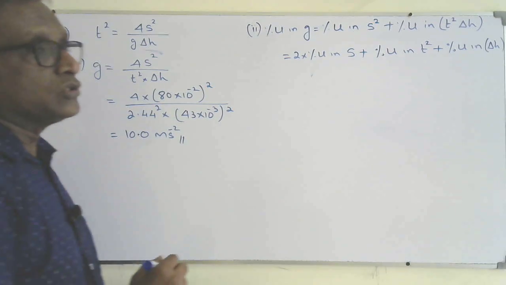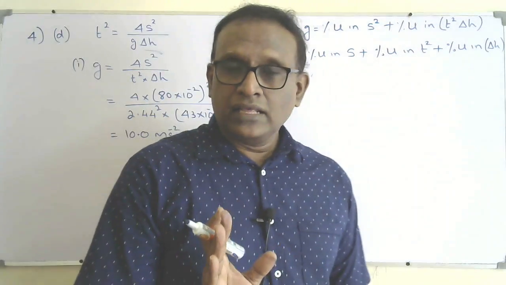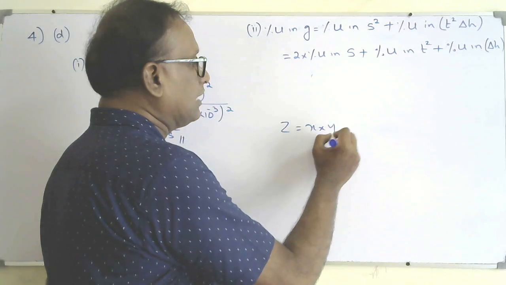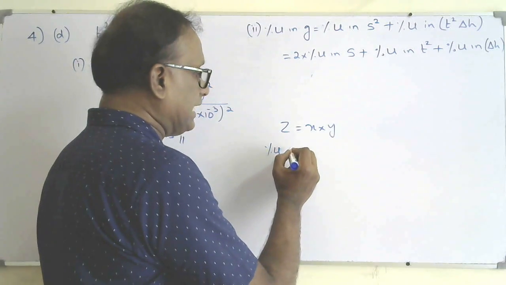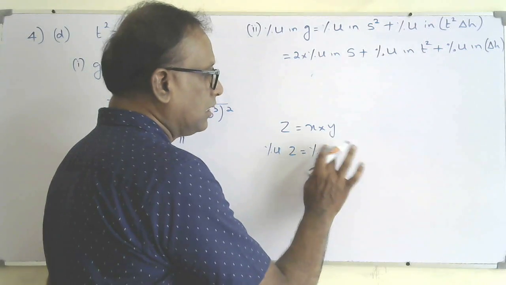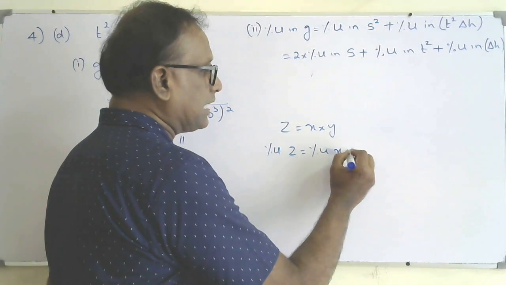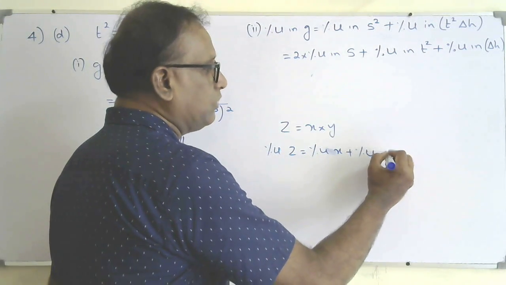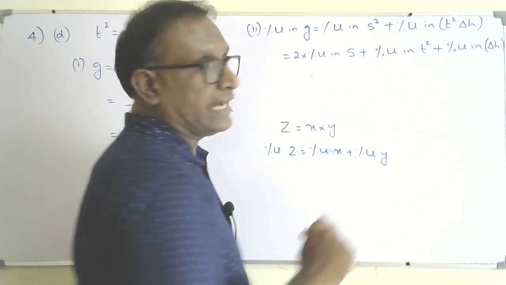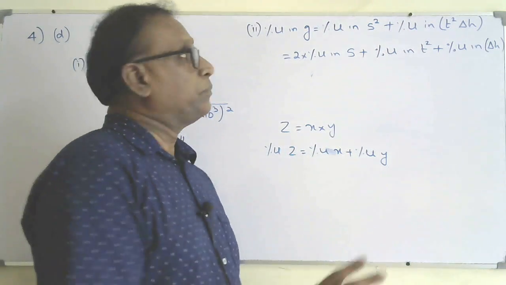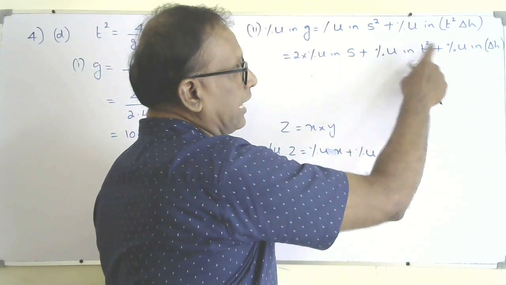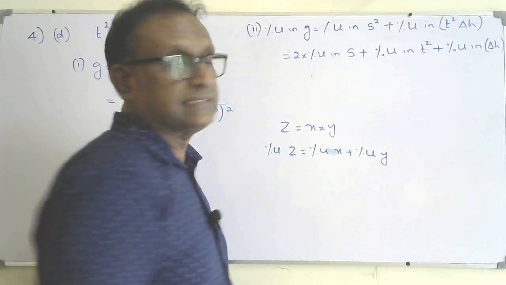Whenever two quantities are multiplied, for example z equal x into y, the percentage uncertainty in z is equal to the percentage uncertainty in x plus the percentage uncertainty in y. They must be added. So here t squared and delta h are multiplied, so the percentage uncertainty of t squared delta h means percentage uncertainty in t squared plus percentage uncertainty in delta h.